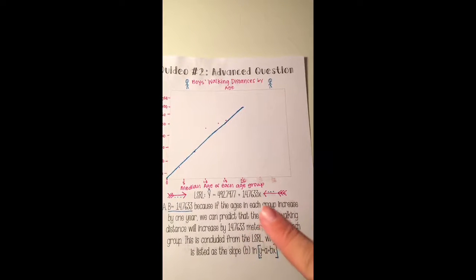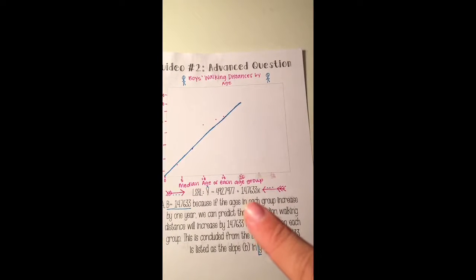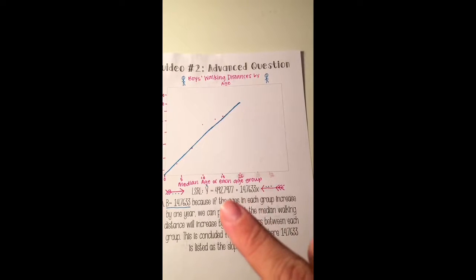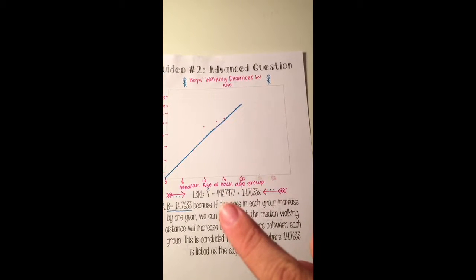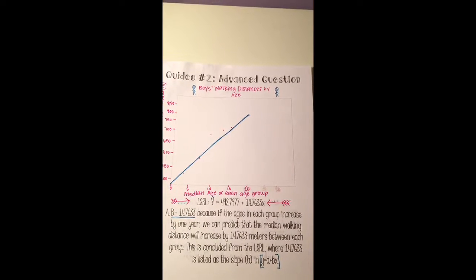So when you plug all of the information into your calculator and you find the predicted y equals a plus bx, you got 4.492.7977 plus 14.7633x for your line.